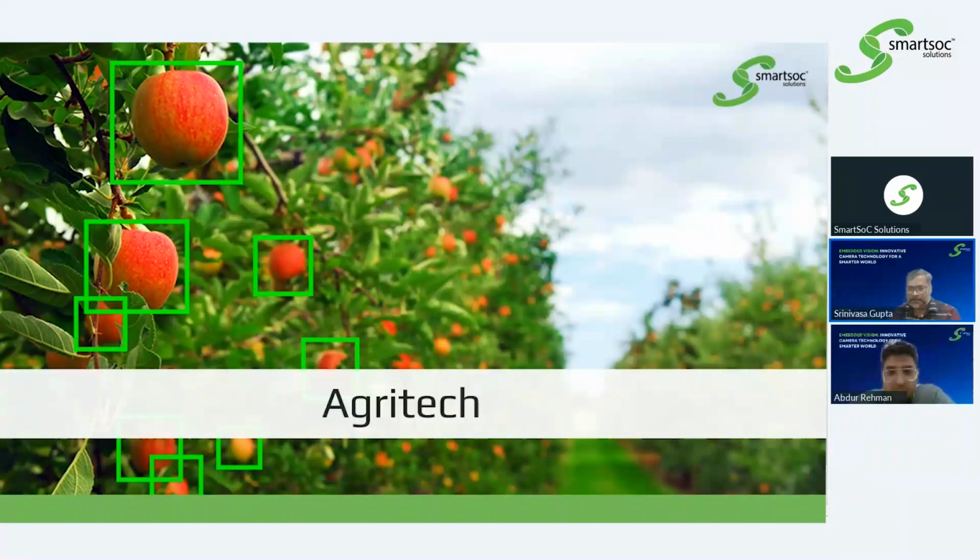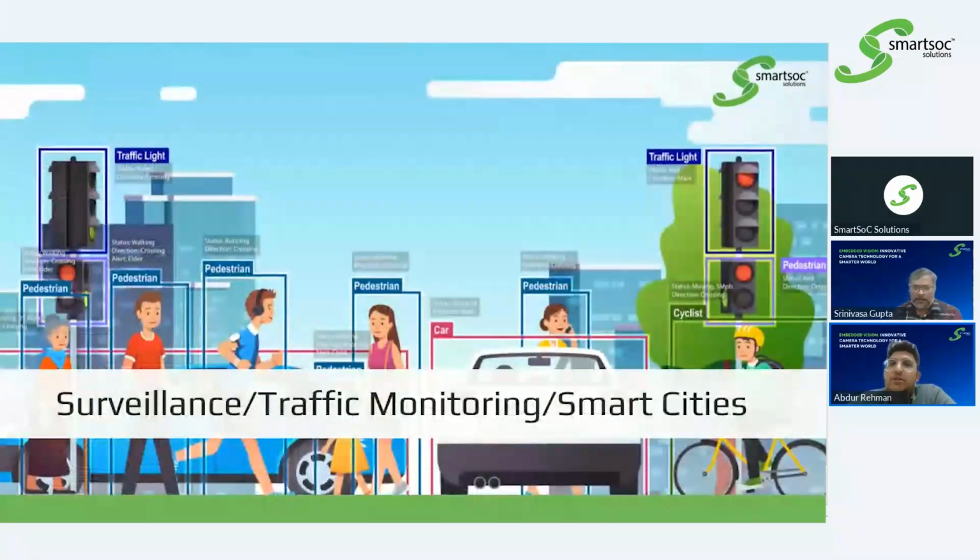Understood. So how about smart cities or related applications, like surveillance and traffic monitoring? What is it that the cameras are catching here? Surveillance, either at home, office or industry, has so many activities.